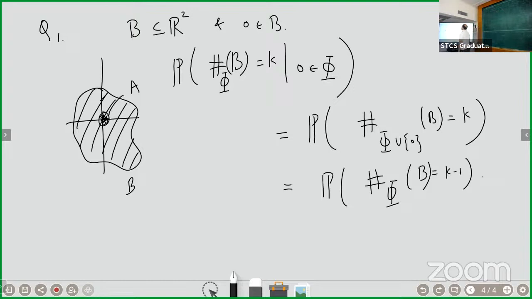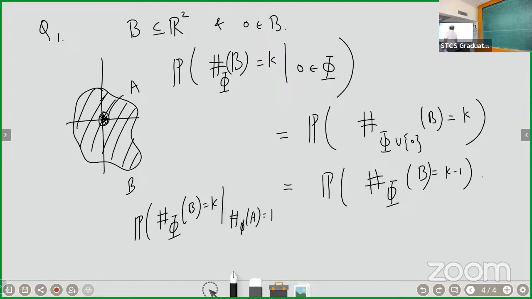Conditioning that the origin belongs to P means a small region has 1 point, because as epsilon shrinks, there will be exactly 1 point there.